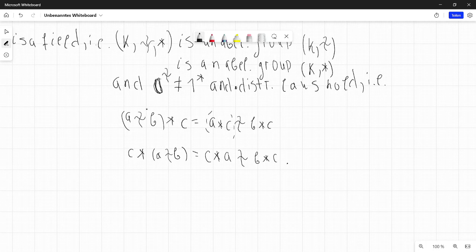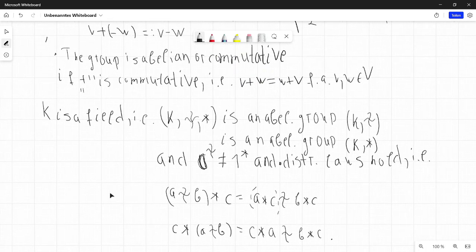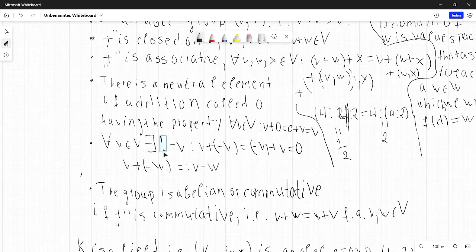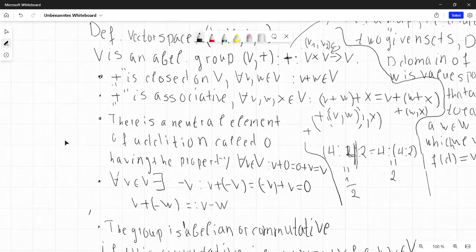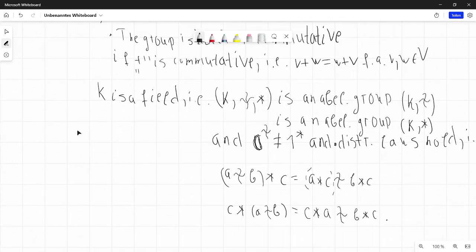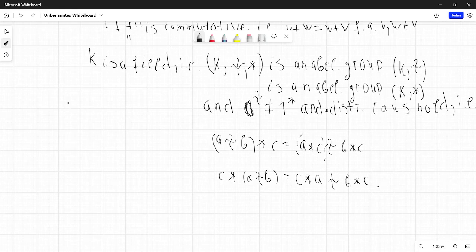So we have introduced our abelian group as a structure participating in the definition of a vector space. We have introduced a field as a structure participating in our definition of a vector space. And now let's find out what they have to do with each other. K is a field.